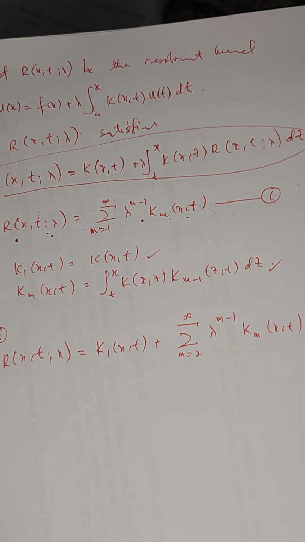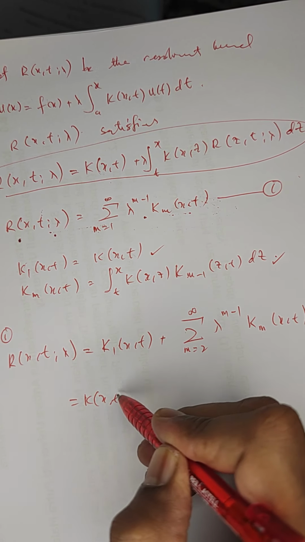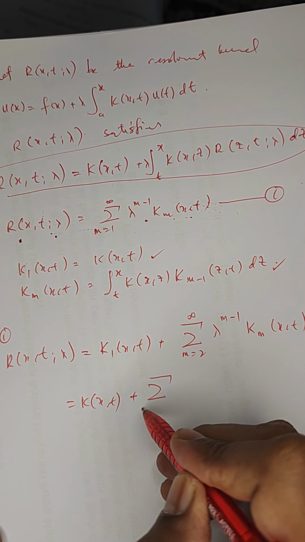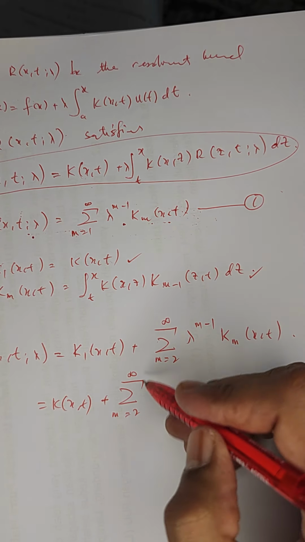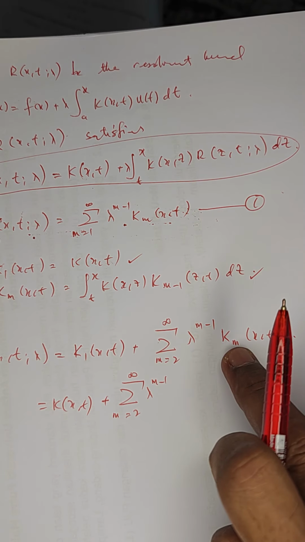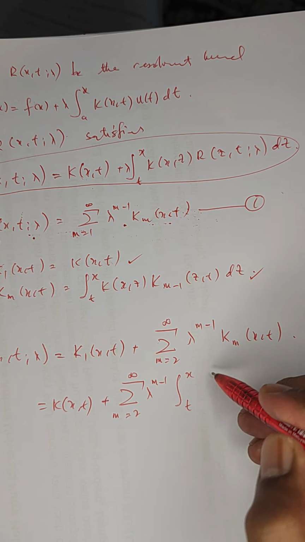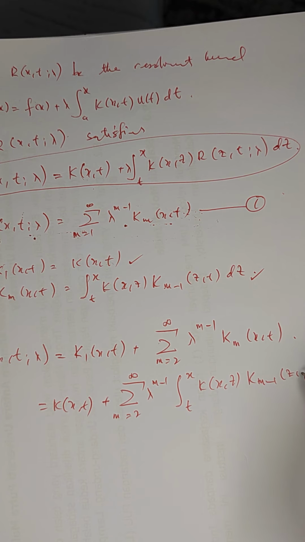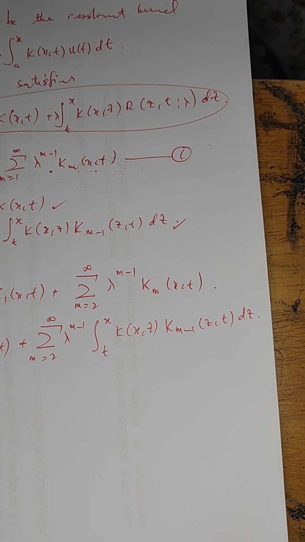I can write this as equal to K(x,t), since K_1 is equal to K(x,t), plus the sum from m equals 2 to infinity of lambda^(m-1), and K_m is given as this, so we have the integral from t to x of K(x,z) K_(m-1)(z,t) dz.